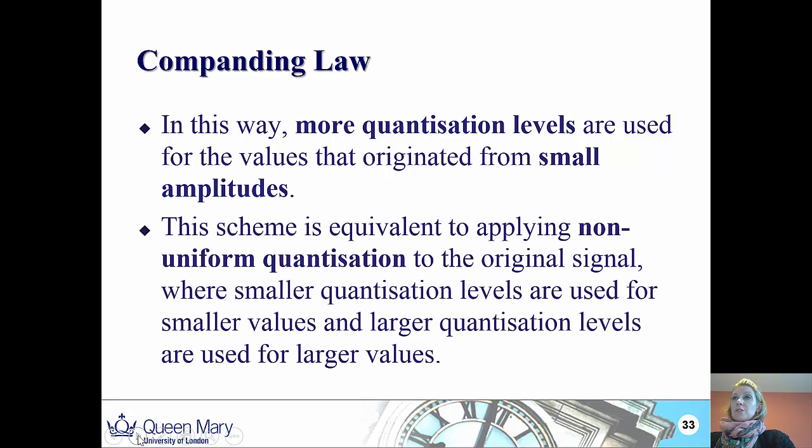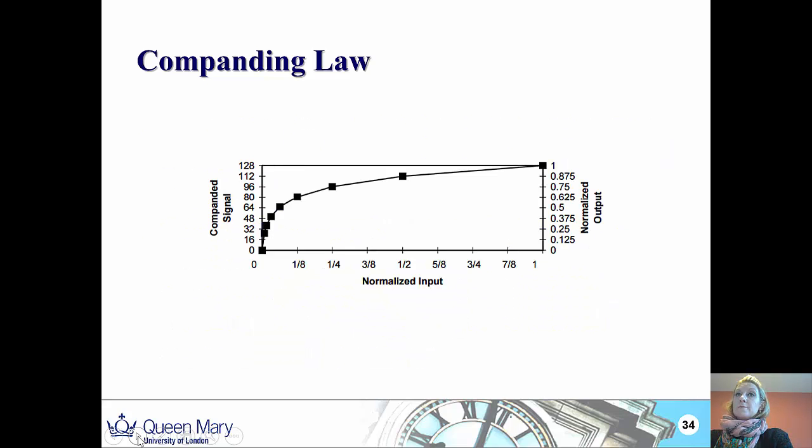This scheme is equivalent to applying non-uniform quantization to the original signal, where smaller quantization levels are used for smaller values and larger levels are used for larger values. We're taking into account information regarding the distribution of the values which are being communicated, and using this to more effectively code the original data in a way which will support better reconstruction of the original signal.